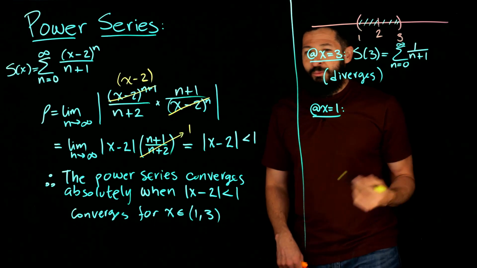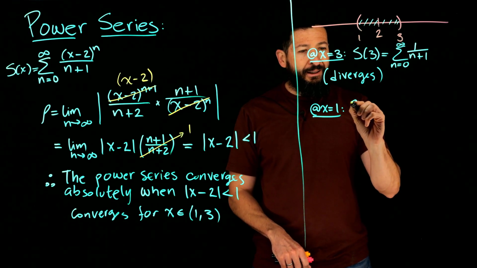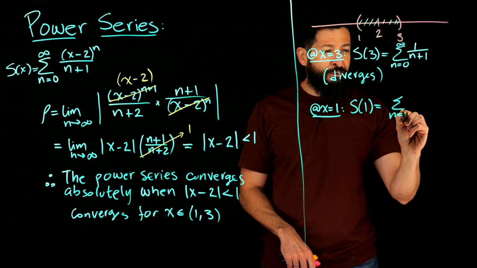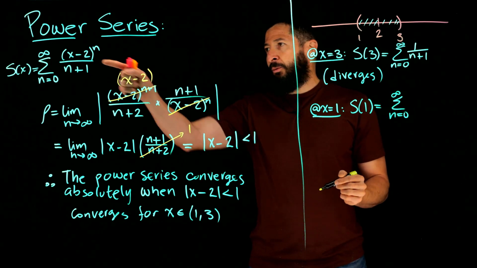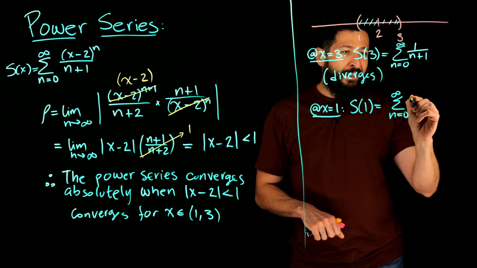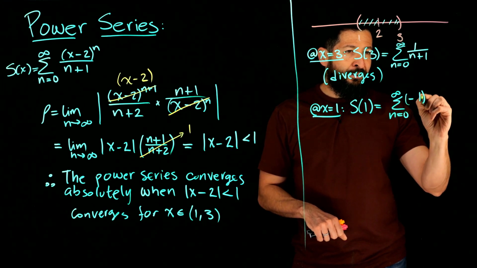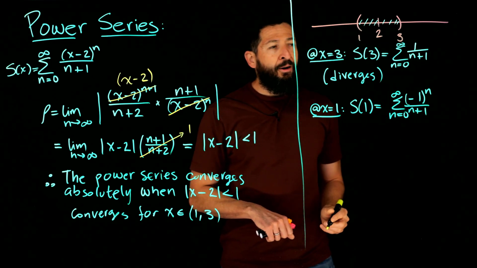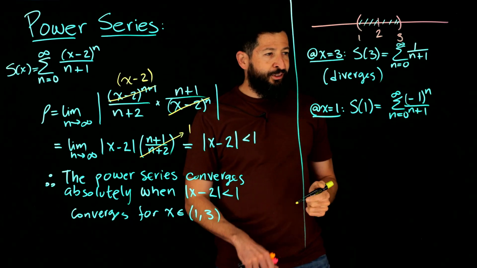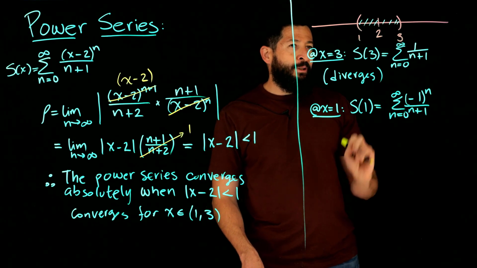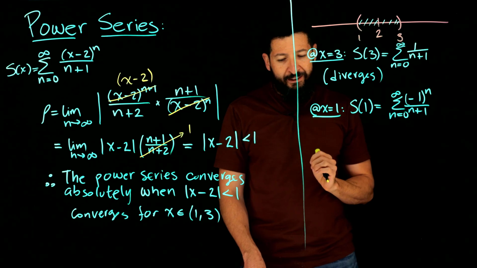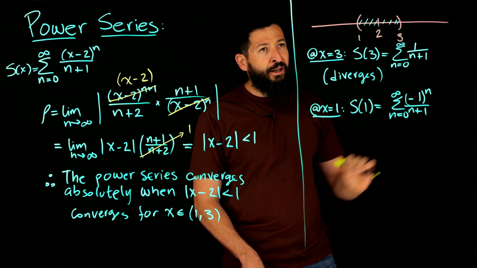So at x equals 1, I evaluate my power series, and I get the sum from n equals 0 to infinity, and I plug 1 in here, from where I get negative 1 to the n over n plus 1. Now notice this is an alternating series. The term a_n, 1 over n plus 1, is decreasing, and it's going to go down to 0.